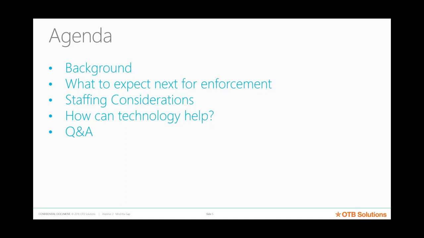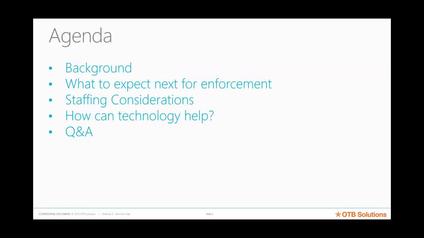What we'd like to start with is a little bit of background on agency safety plans, the PTASP rule, and kind of what's going on in terms of the current state with that. But also very specifically what you can expect next in terms of enforcement and the kinds of things that you need to keep in mind as you go through the process of creating your safety plan, implementing it, and deploying and using a safety management system throughout your organization and what's involved with that.